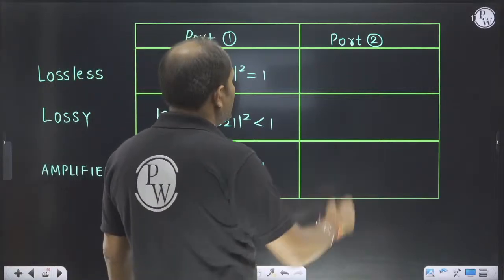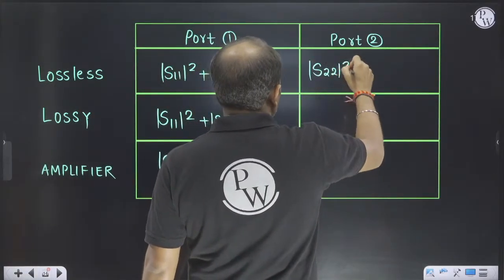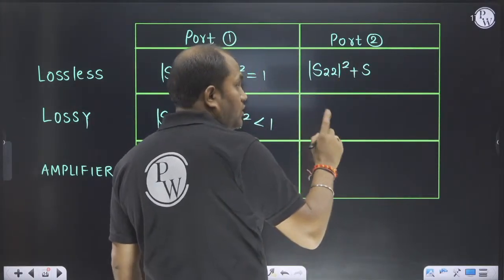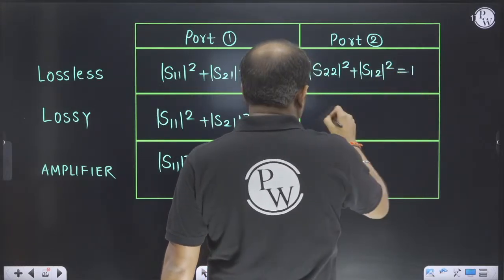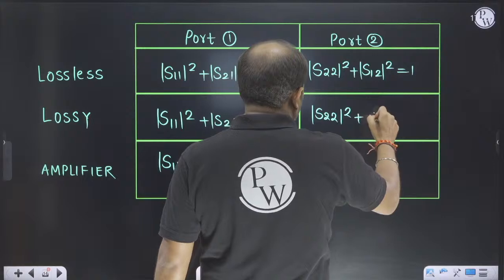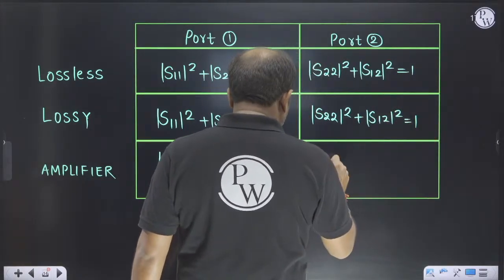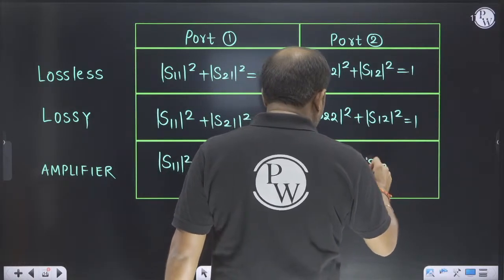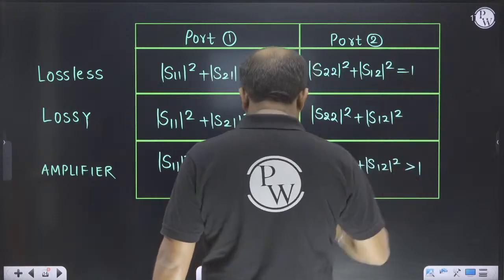Similarly for port 2, S22 square and S12 square. Someone will write S22 square and S21 square, which is wrong. Always remember it is S12 with S22. For S22 square plus S12 square, greater than 1 is the amplifier, and less than 1 is lossy.